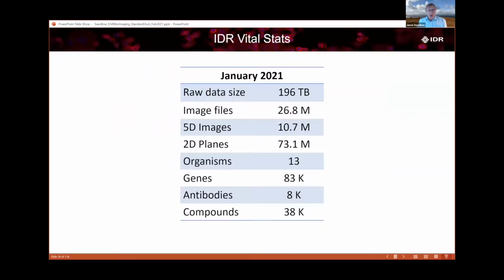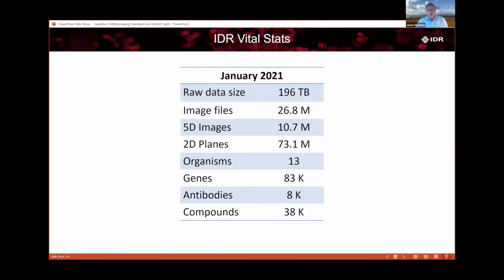These data are a little out of date because there was another data release this morning, but this gives you an idea of the scale that we're operating on. The raw data size now is over 200 terabytes. There are approaching 30 million image files.